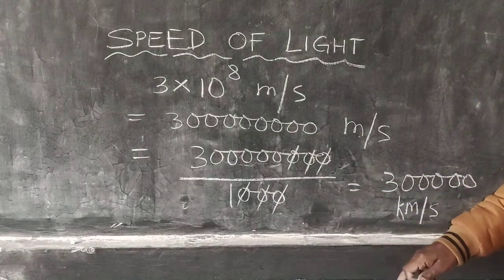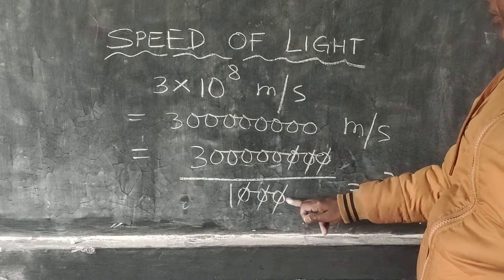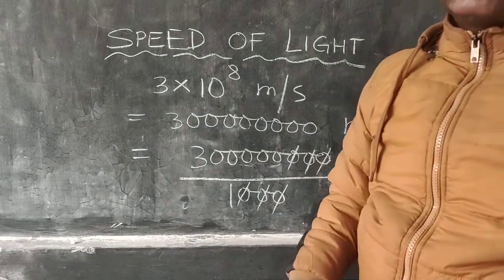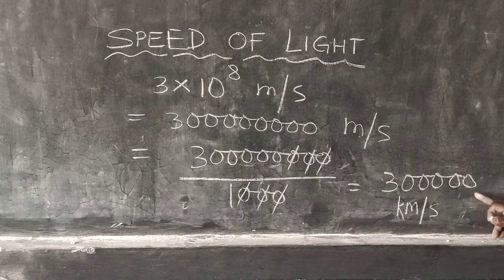When I am dividing by 1000, 3 zeros from the denominator will cancel with 3 zeros in the numerator. So you will have 5 zeros left. Now let's count it. 3 lakh kilometers per second. This is the speed of light.